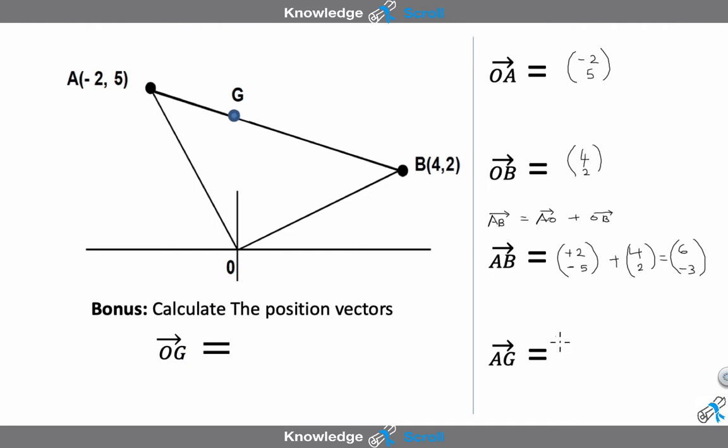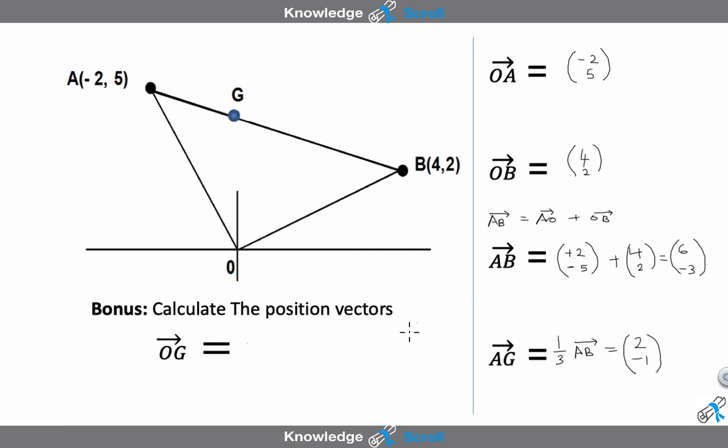So the simple answer to this would be that AG is 1/3 of the vector AB. So if I were to represent this as a column vector, I take 1/3 of my previous answer. So 1/3 of (6, -3), that answer should be (2, -1). Okay, so I simply took 1/3 of my previous answer.